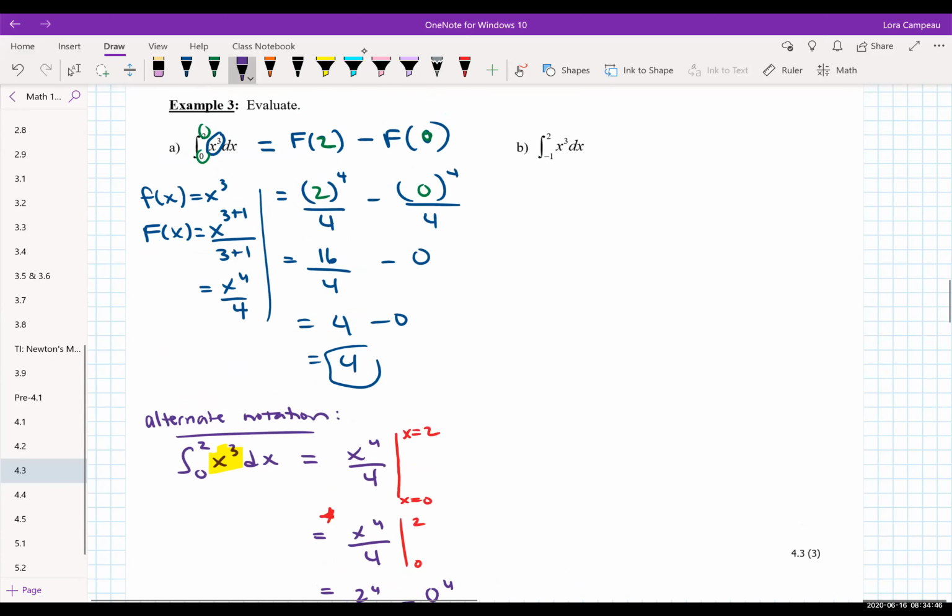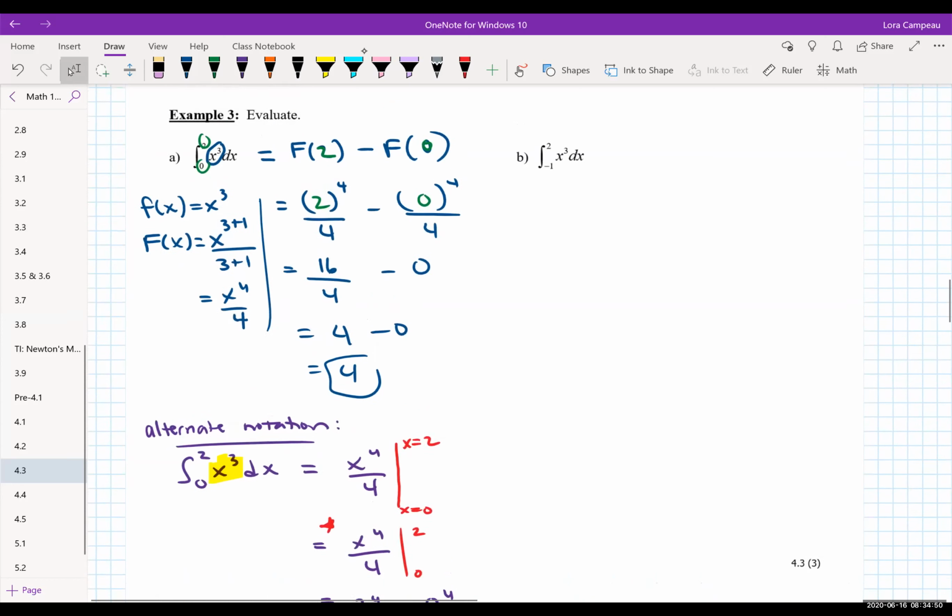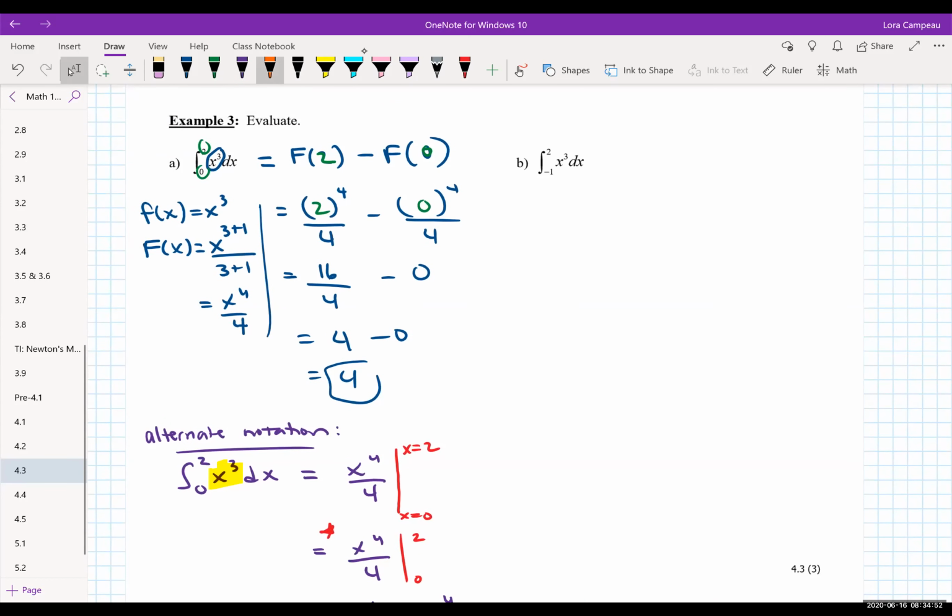So let's try this with part B. Keep in mind, when we were doing these with limit definitions, we really wanted the lower limit to be 0 because it makes everything easier when you plug everything in. We tried something similar in 4.2. Is it 4.2? Yes.